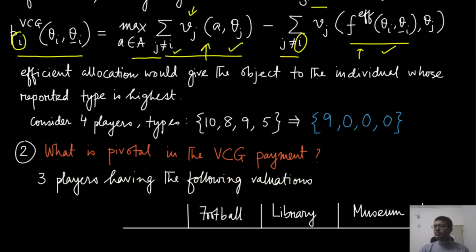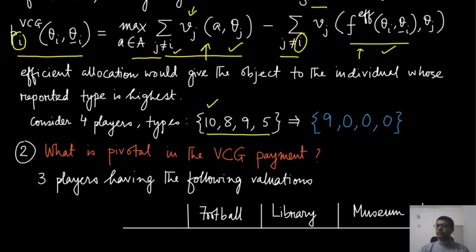Let us look at one example. If there are 4 people and their valuations, their types, are as follows, then the efficient allocation will be to give the object to the first player, who has the highest valuation for it.